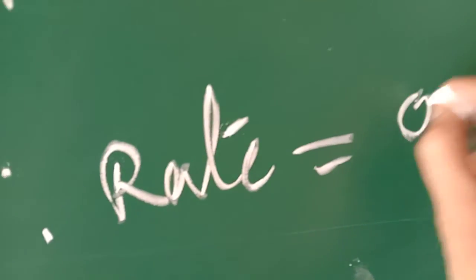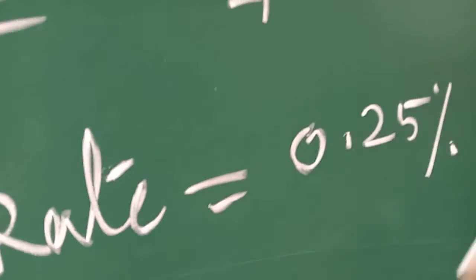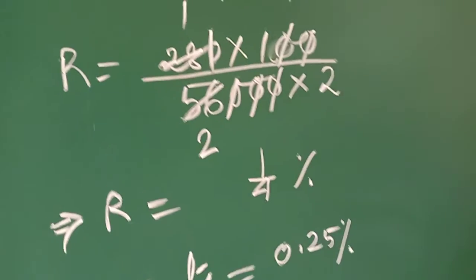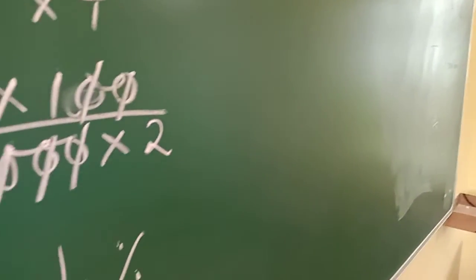So 1/4% is the same as 0.25%. Therefore rate equal to 0.25%. Understood?